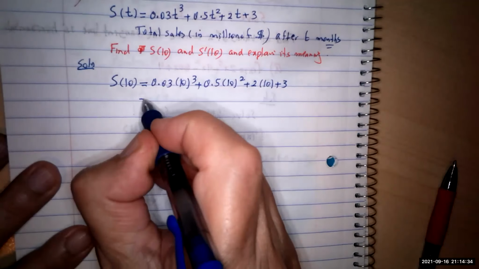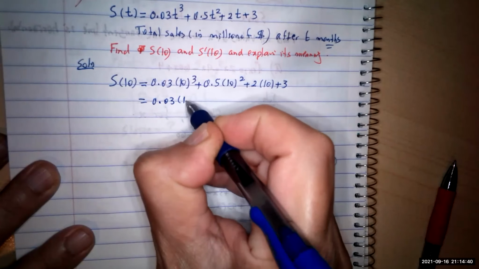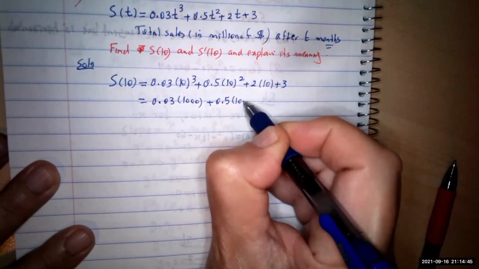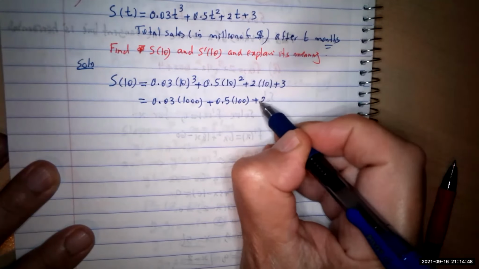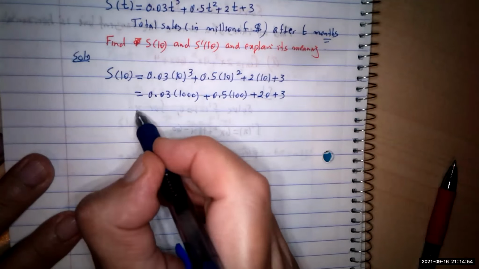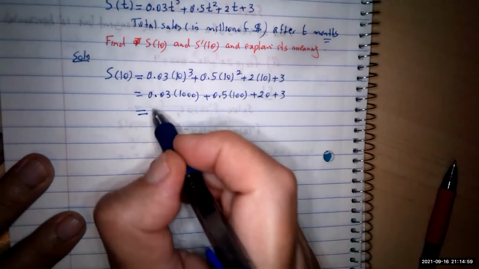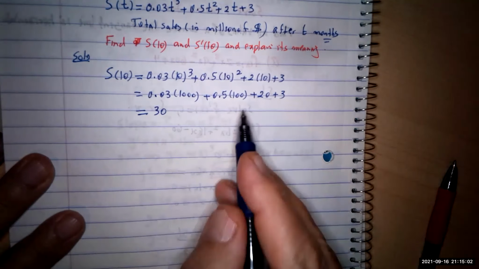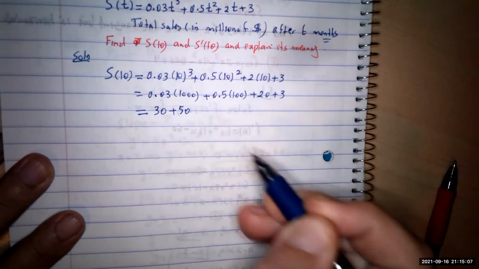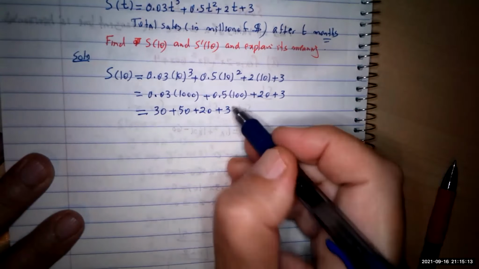Carefully find it, it's not difficult. 10 cubed is 1000 and 10 squared is 100. Multiplying gives 3000, with 2 decimals so it's 30. Then 500 with 1 decimal gives 50, then 20 and 3. So I think it's going to be 103.